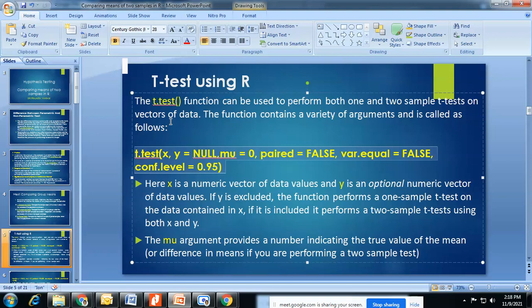So there is only one vector, that is x. Y is an optional numeric vector. Whenever we perform a two sample test, we will pass both parameters x as well as y. But since we are now performing a one sample t test, we have taken x as input and y we have defined as null. Got it?